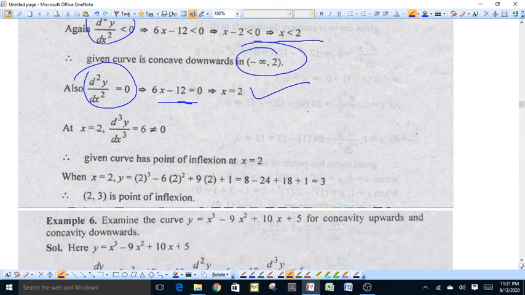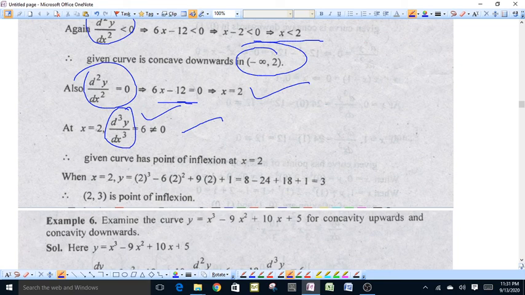To verify this, we take the third order derivative, which is equal to 6, which is not equal to 0. That is the confirmation that x equal to 2 is a point of inflection. The second order derivative is equal to 0 at x equal to 2, but the third order derivative is not equal to 0.